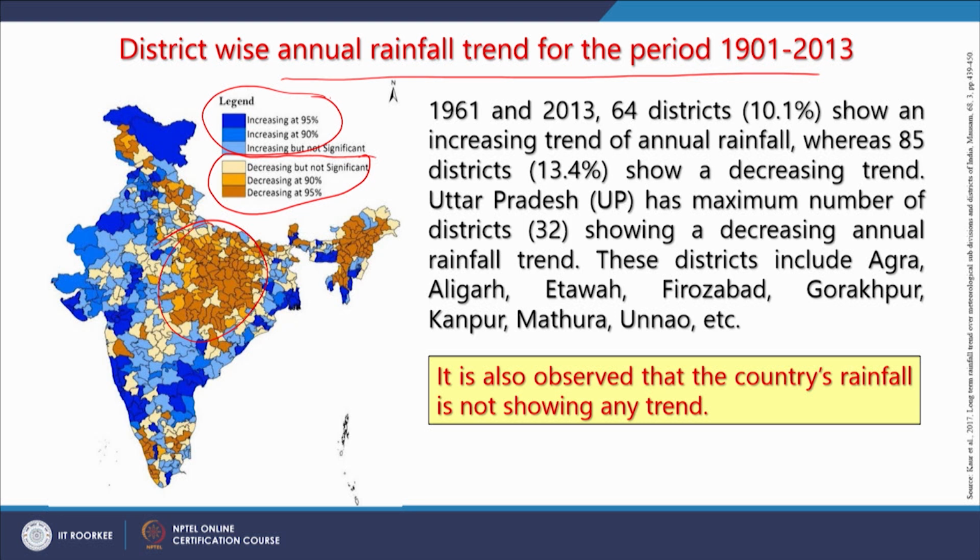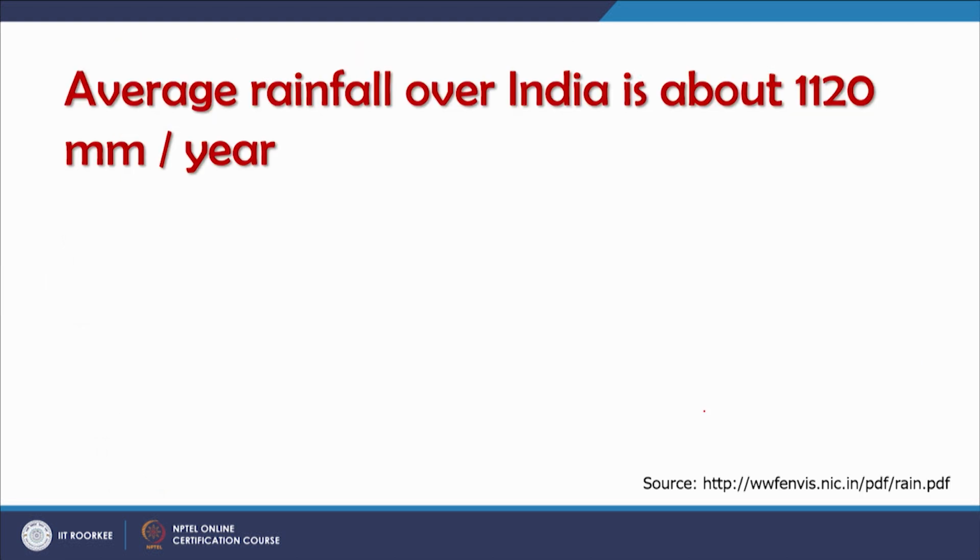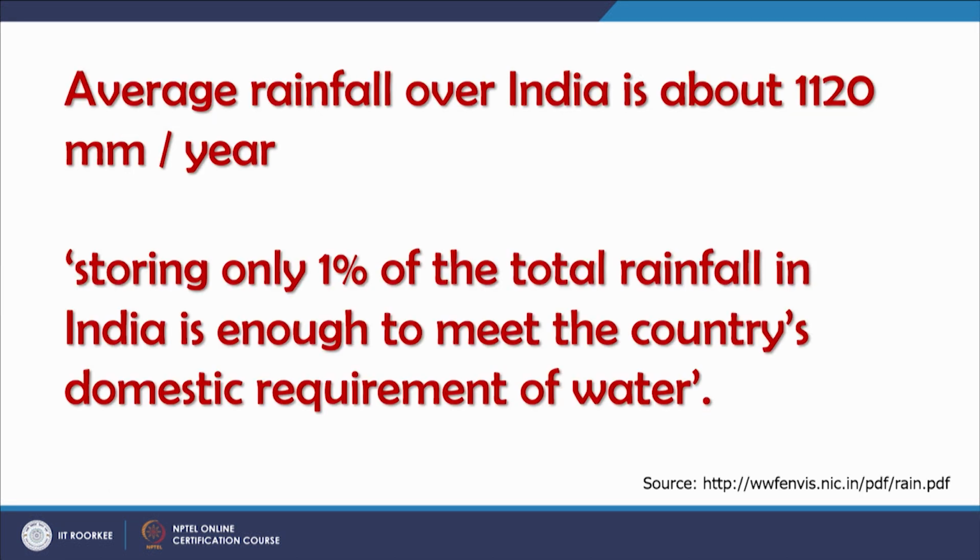So, it is also observed that the country's rainfall is not showing any trend, as I have just mentioned. You see, the average rainfall over India is quite good, 1120 millimeter per year. So, if we increase our storage through groundwater recharge by 1 more percent of whatever rain precipitation is occurring over India, that would be enough to meet the country's domestic requirements of water.